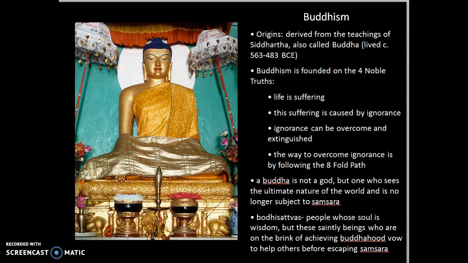The origins of Buddhism were derived from the teachings of the Buddha, and the Buddha was a prince named Siddhartha Gautama, and he lived from about 563 to 483 BCE. Today, Buddhism is popular in regions of Nepal and central India. Siddhartha, the Buddha, was born as a prince.